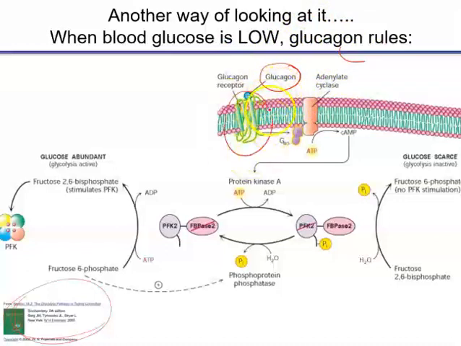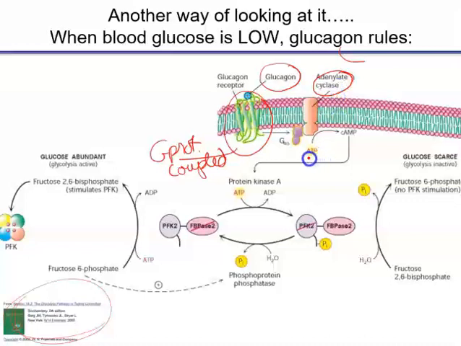It binds to a receptor in the cell membrane, and that is a G protein coupled receptor. When we have binding of glucagon, we then release the G protein from the hormone receptor. The G protein diffuses laterally along the interior leaflet of the cell membrane and is going to activate adenylate cyclase.